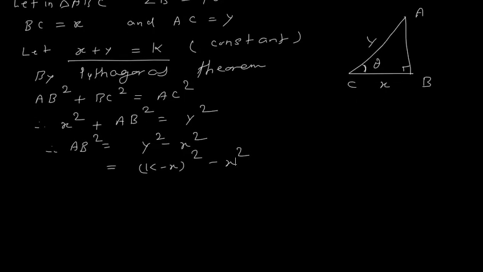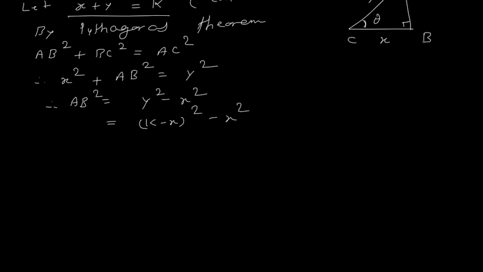Now area of triangle, area is equals to half into BC into AB.